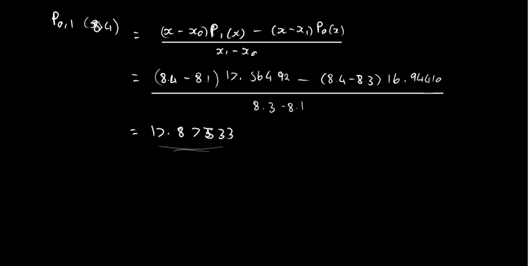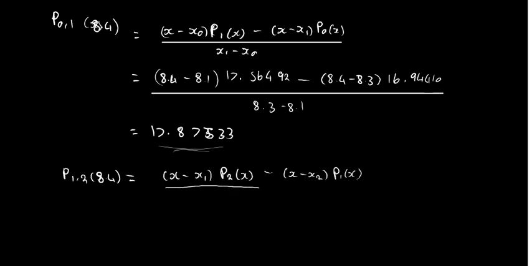So then going to solve P1,2 of 8.4 is going to equal x minus x1, then P2 of x there, minus x minus x2, then P1 there, taking in the x, over x2 minus x1, and then we're going to calculate that.